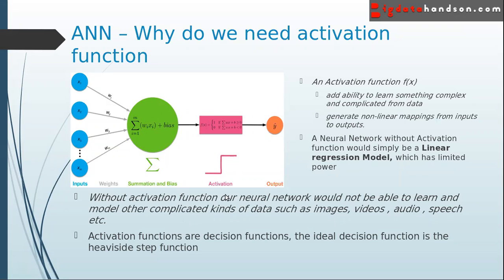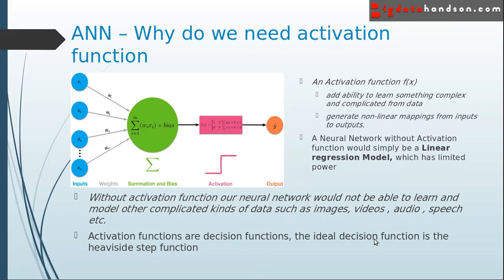Without an activation function, our neural network would not be able to learn and model other complicated kinds of data such as images, videos, audio, speech, etc. That's why the activation function lets the neural network work with complicated data like images, videos and audio. Activation functions are decision functions.